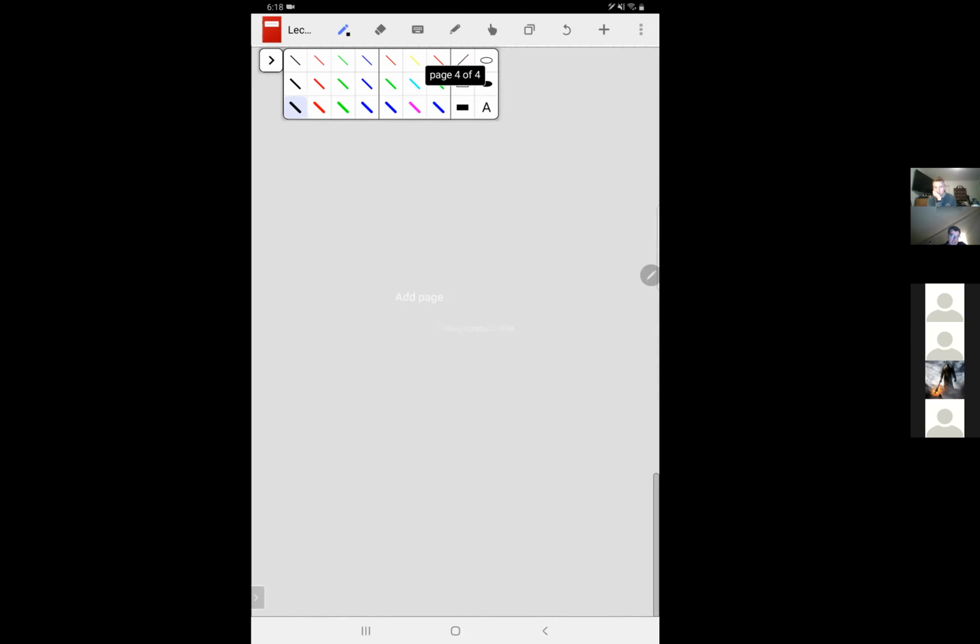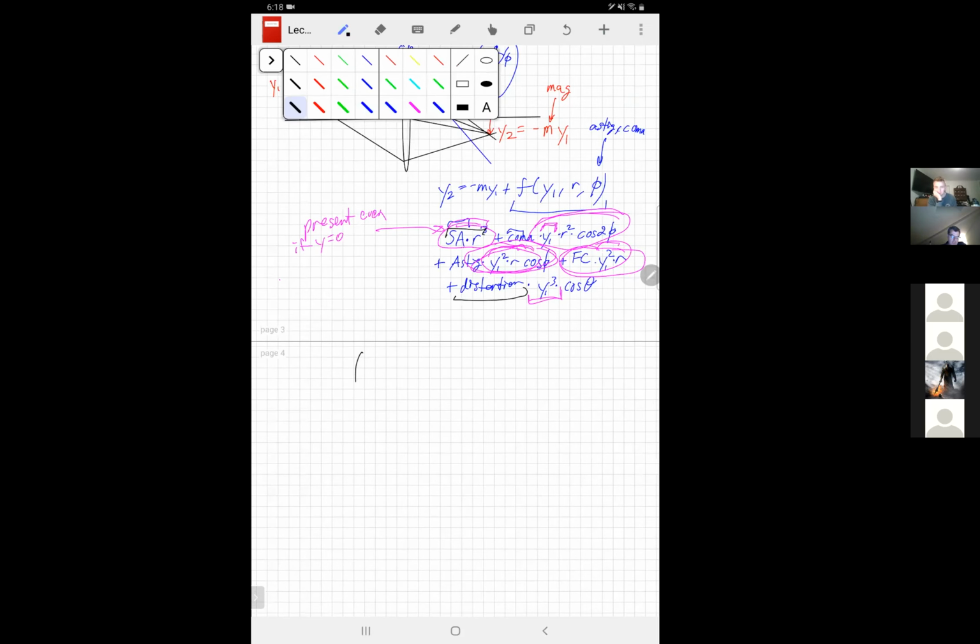You could think about picking some combination of lenses so that all of these effects wind up being small. Each of these coefficients would depend on all of the refractive indices, so all the n values, all of the curvatures, thicknesses, and spacings.